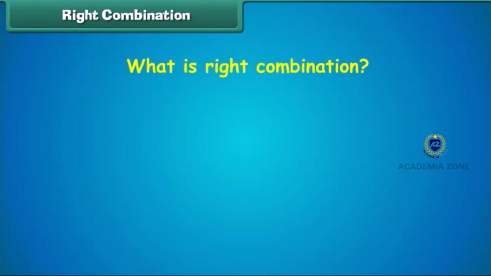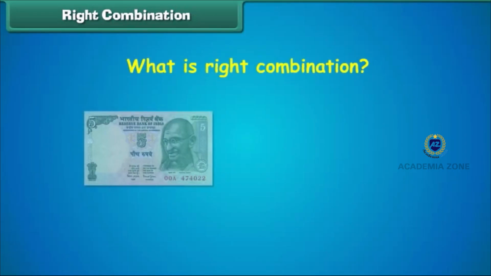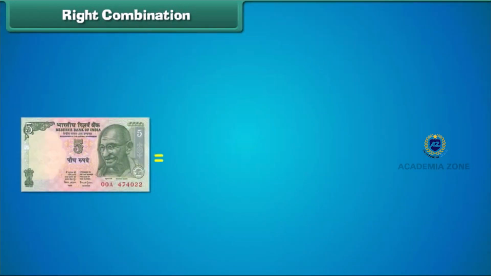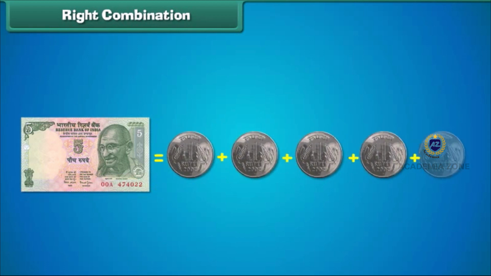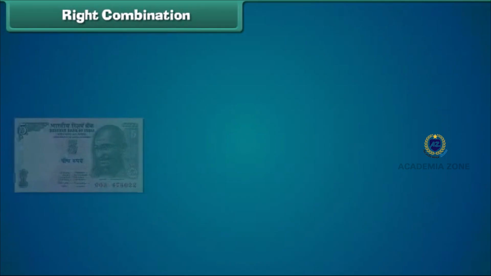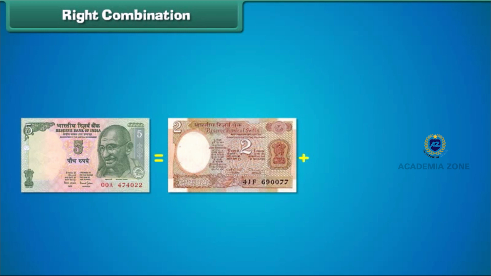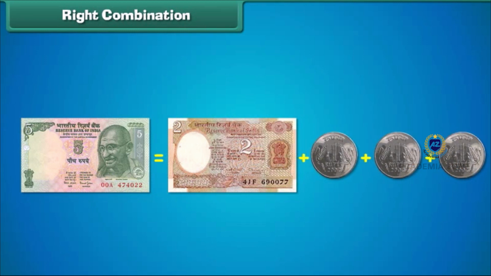Let us learn about some right combinations of notes and coins. One 5 rupee note is equal to the sum of 5 1 rupee coins. One 5 rupee note is also equal to the sum of 1 2 rupee note and 3 1 rupee coins.